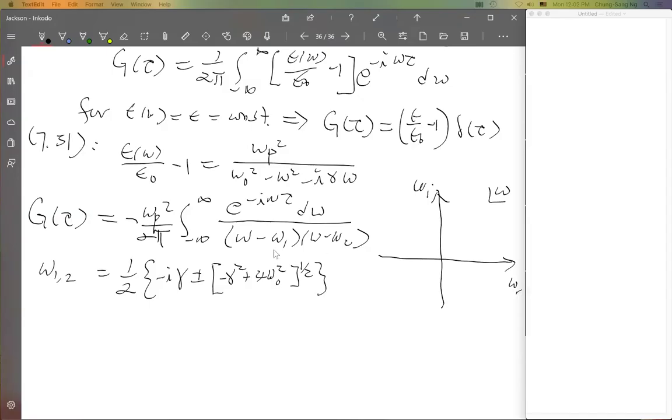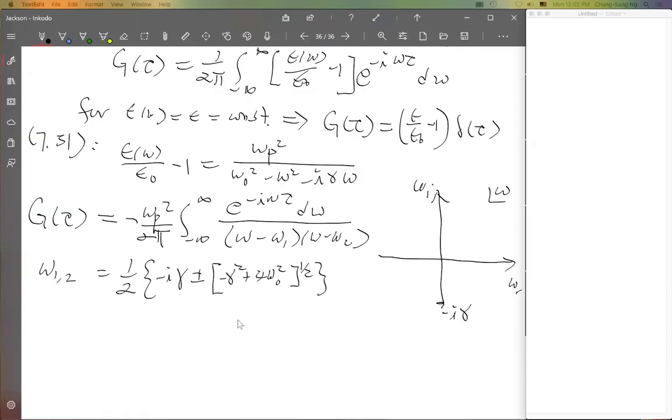The denominator has two factors, and in complex variables we say that you have two poles. The two poles are at the locations of omega 1 and omega 2, which have imaginary part minus i gamma over 2, and then plus or minus this real part.